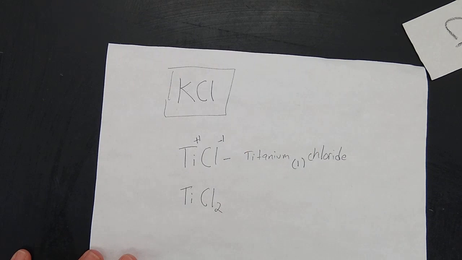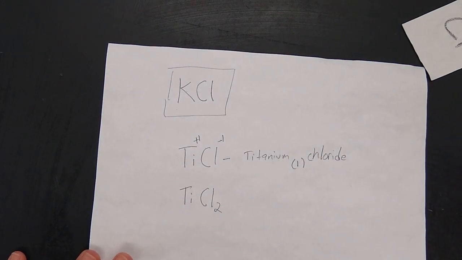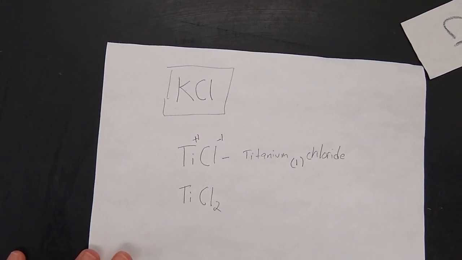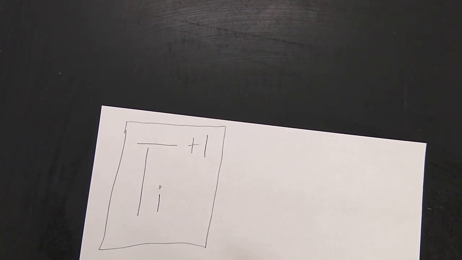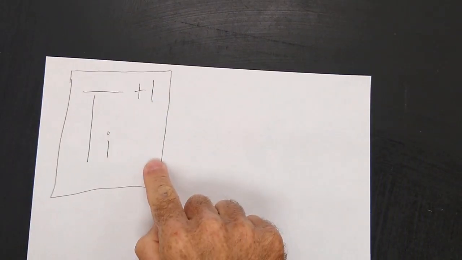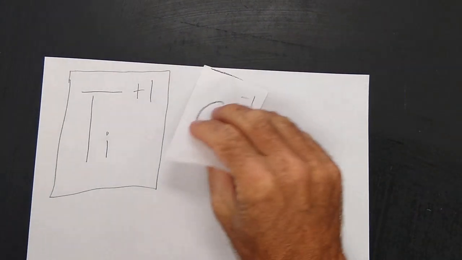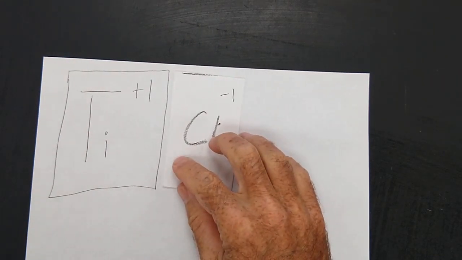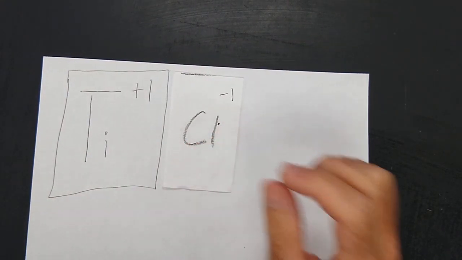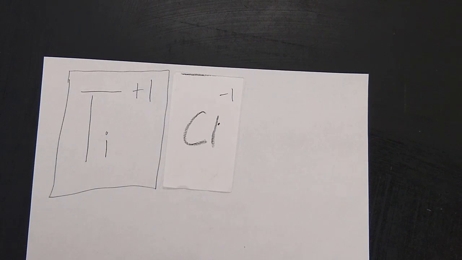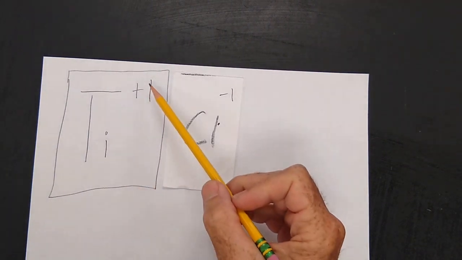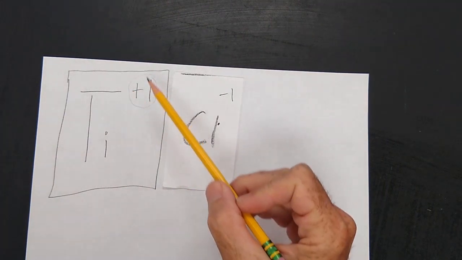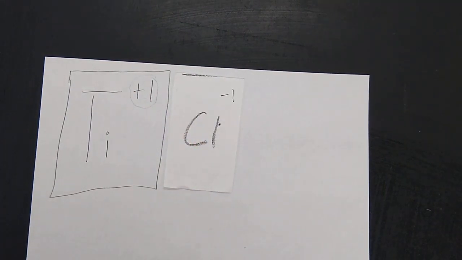I'll show you an example with the cards. If you had a titanium card and the charge was +1, then the formula to cancel itself out with chlorine would just be TiCl. So the name of this would be titanium, and then you'd have to name the charge: titanium 1 chloride.